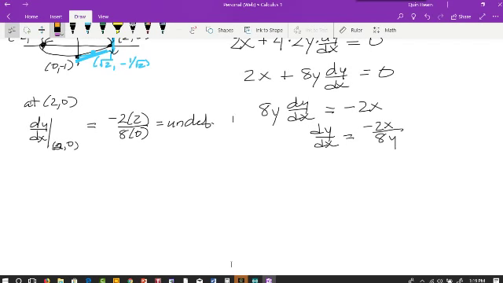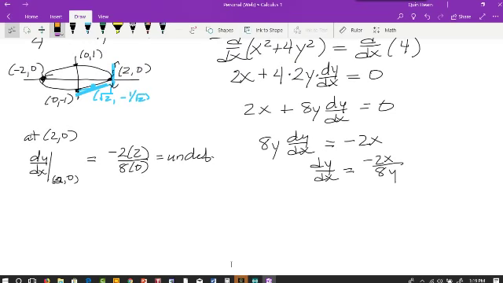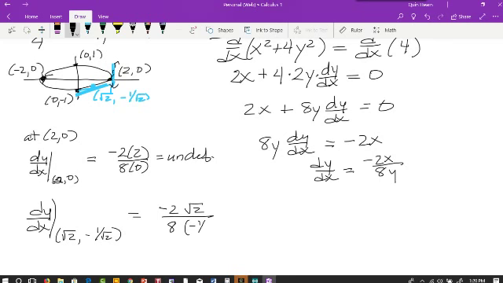So we're going to have dy/dx evaluated at square root of 2, comma, negative 1 over the square root of 2. And so what we're going to do is plug in negative 2 times the square root of 2 over 8 times y, which is negative 1 over the square root of 2.